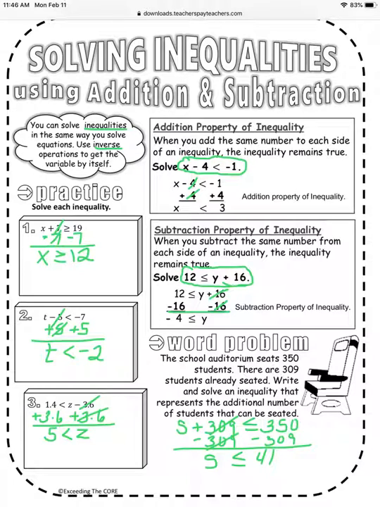So that tells me that 41 more students could fit in the auditorium or less than that number. So that's why if you just did it in your head and said, well, the answer is 41, well, but the answer is actually less than or equal to 41 because less than 41 students would also fit into the auditorium, up to 41 students.